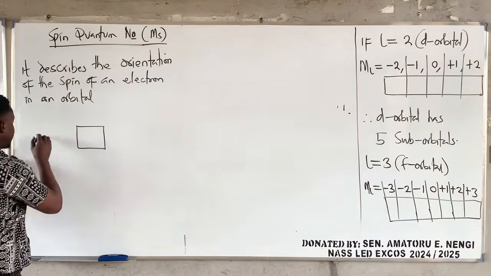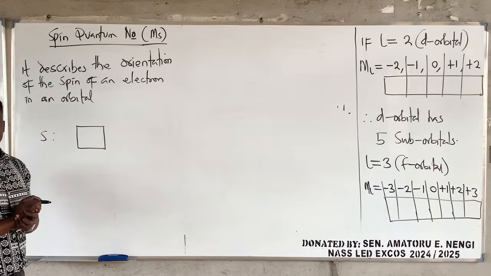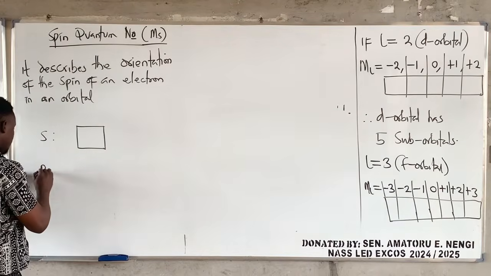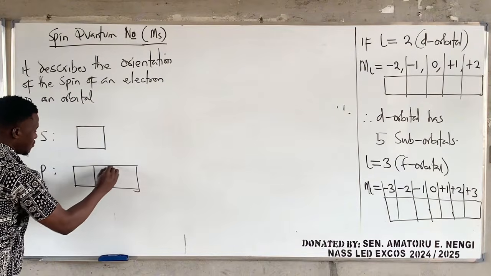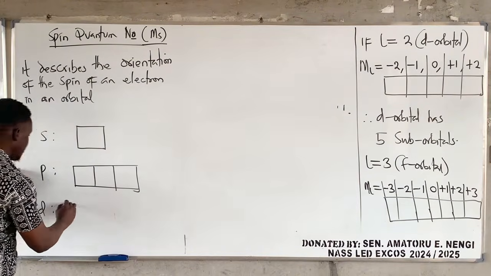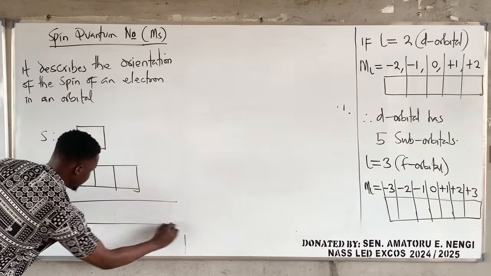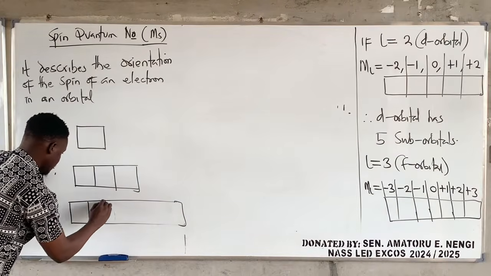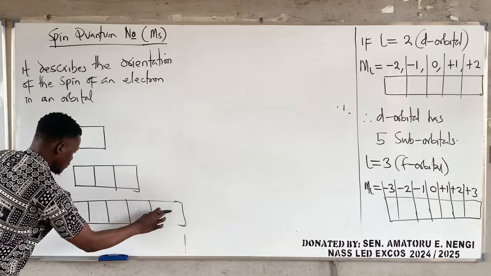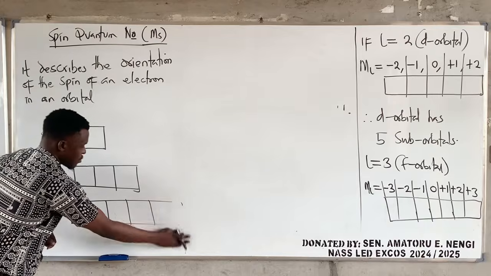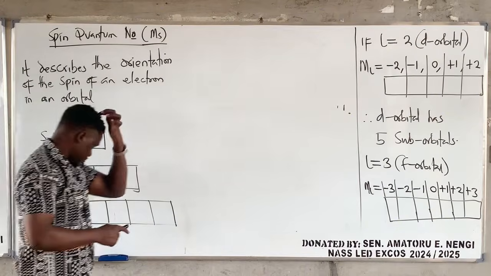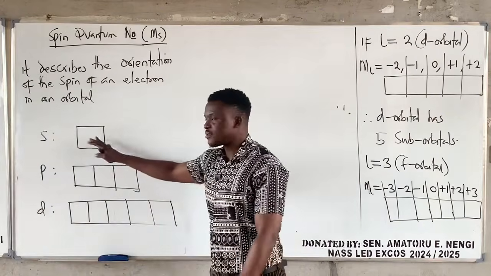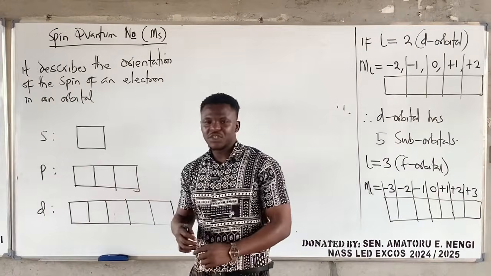So for S orbital, S has just one orbital. P has 3. D has 5. Now look at this. Each of these boxes is an orbital.